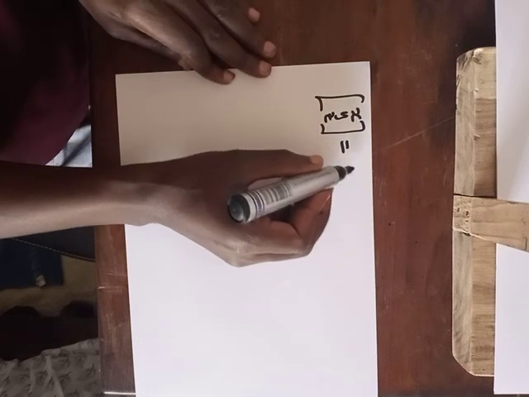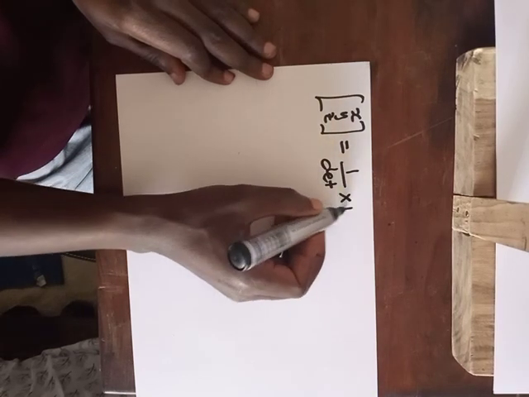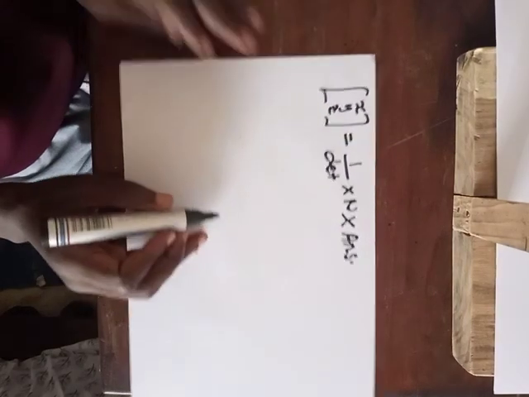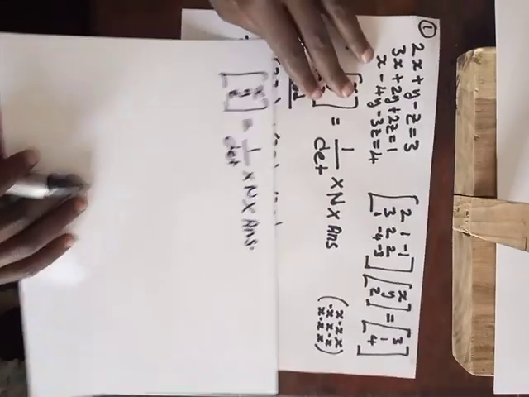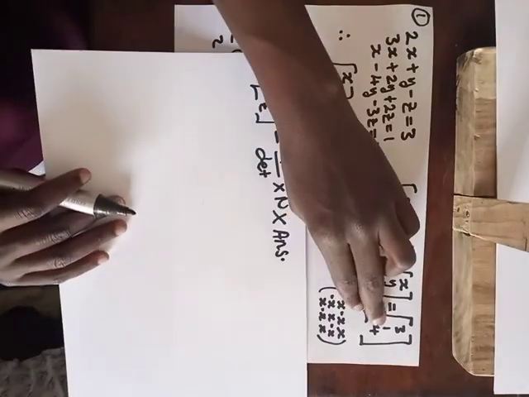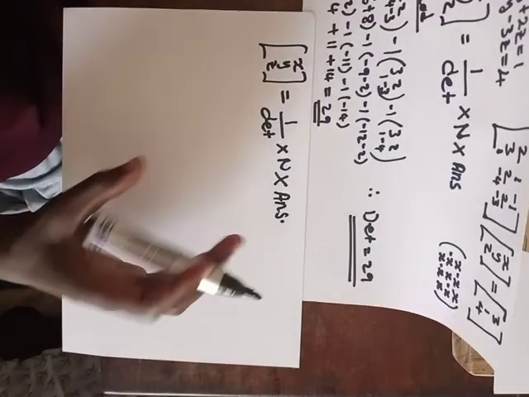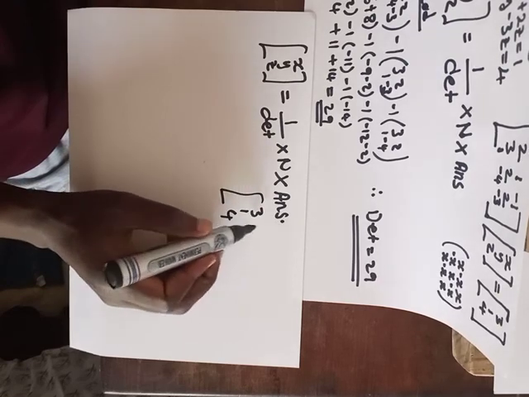This is equal to 1 over determinant times n times our answer. Okay, and if you look at this, we know our answer, it is 314. So under answer here you write 3, 1 and 4.